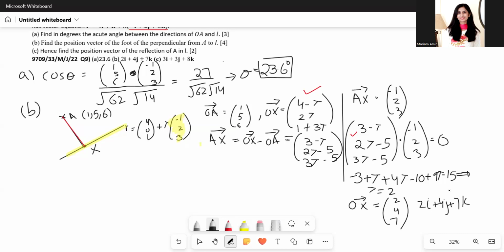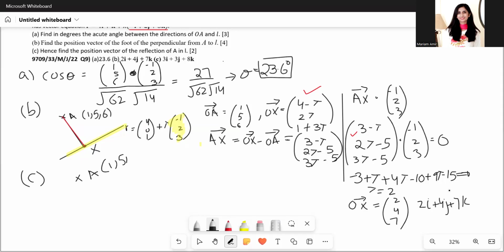Part C is, hence find the position vector of the reflection of A in L. So what we do now is we have A, whose coordinates are (1, 5, 6). We have the foot of perpendicular, which is (2, 4, 7).